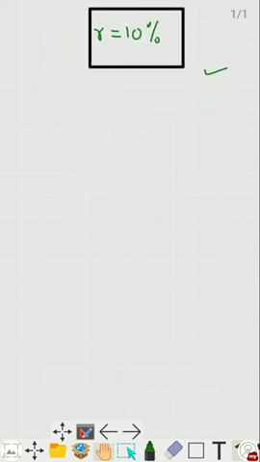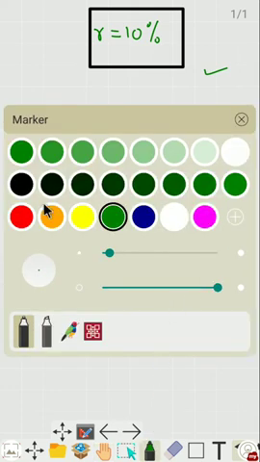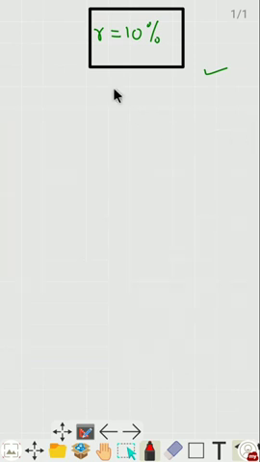Let us write one homework. So try to solve it yourself. Homework. So write down the question for homework.